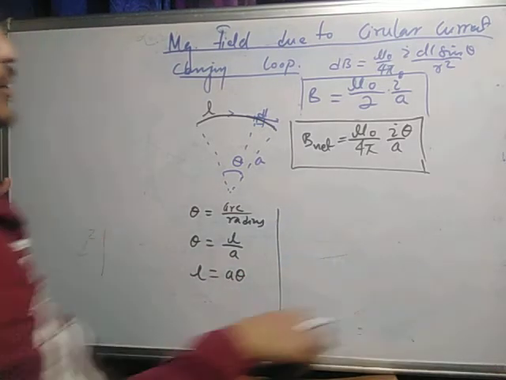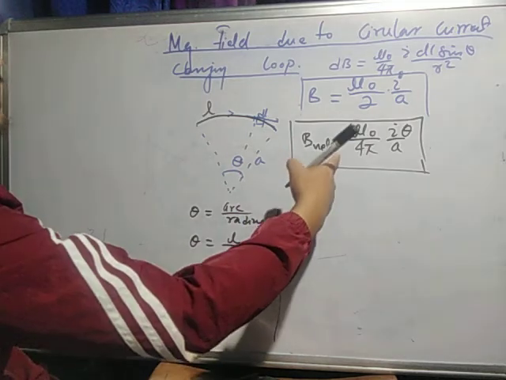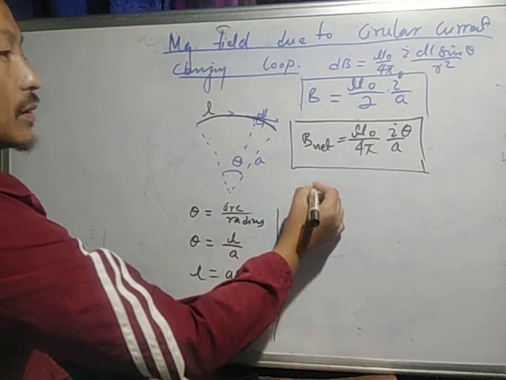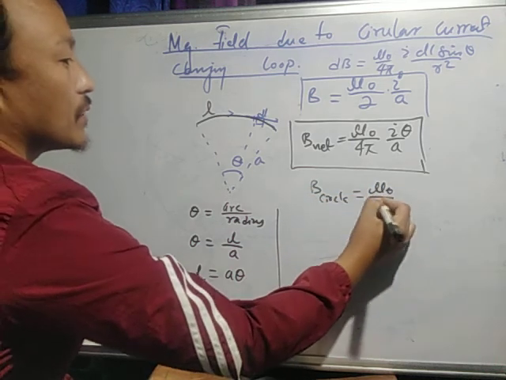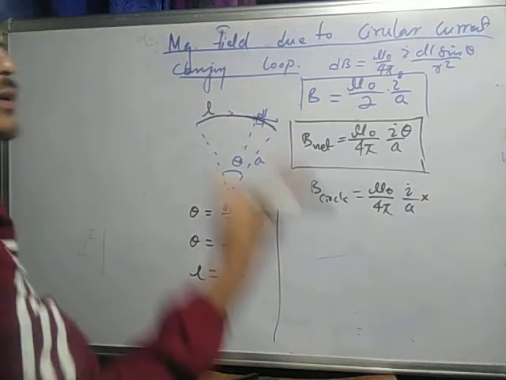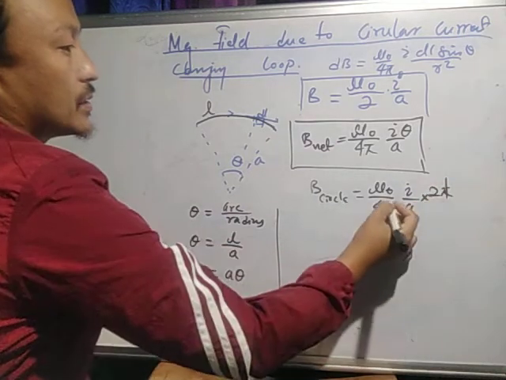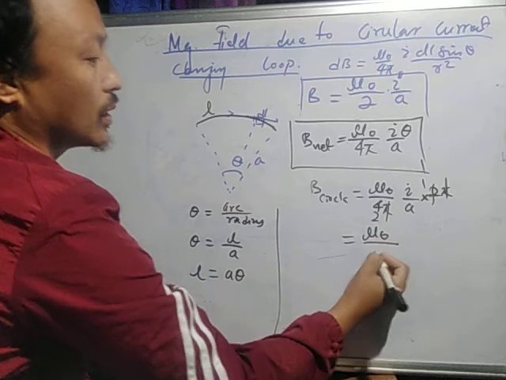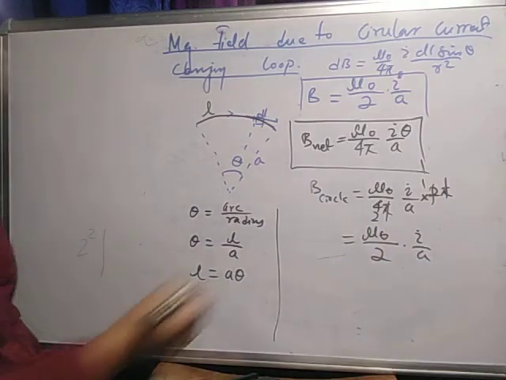You have to take it in radians, it is 2 pi. So putting it here should also give the same answer. So theta for the circle is 2 pi. So B circle equals to mu naught by 4 pi I by a into theta, which is 2 pi in radians. So pi cancels, and 2 ones are 2, 2 twos are 4. So this is mu naught by 2 into I by a. The same answer comes. So this is your general form.